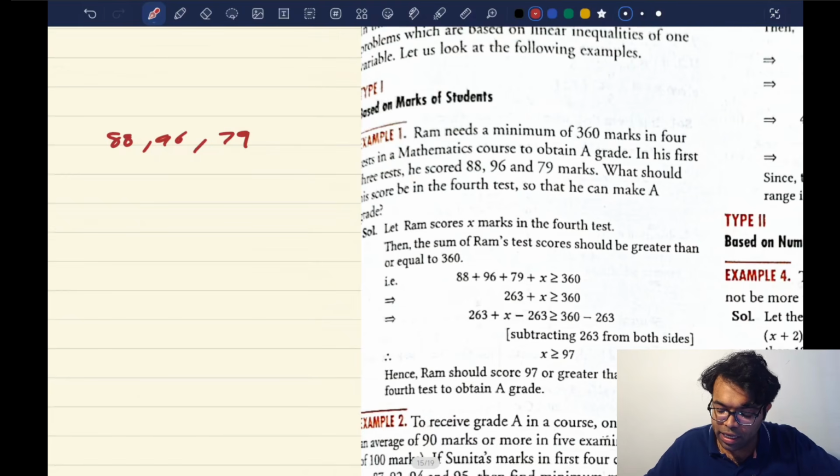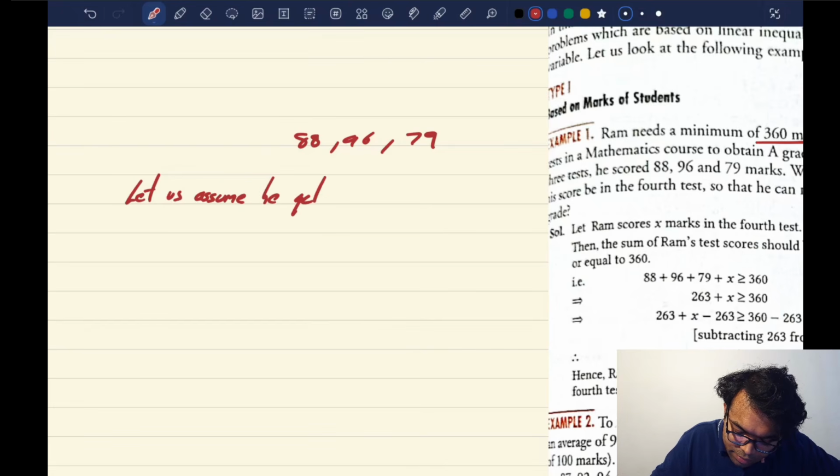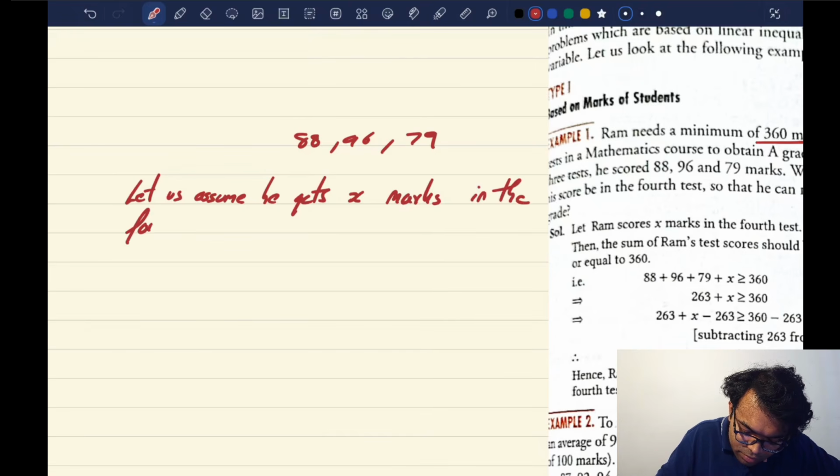Okay, we know that for an A grade, a minimum of 360 marks is needed. So let us assume he gets x marks in the fourth test.